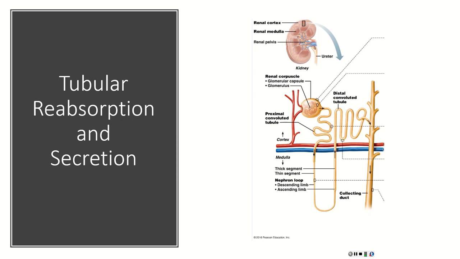And then the third lecture this week, so the fifth lecture of this online chapter, will be over something called the countercurrent mechanism, which really focuses in on the loop of Henle. So let's dive in and start talking about reabsorption, and to a small degree, maybe we'll talk a little bit about secretion.